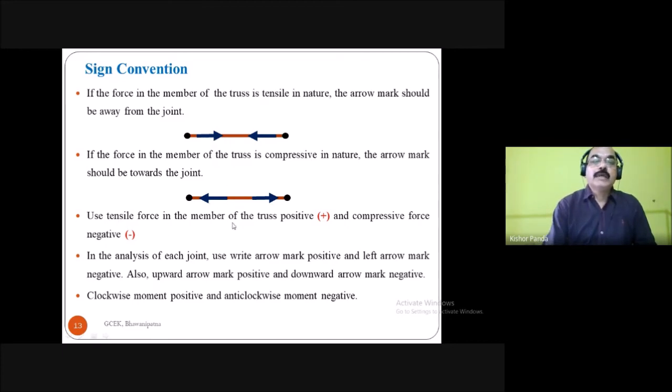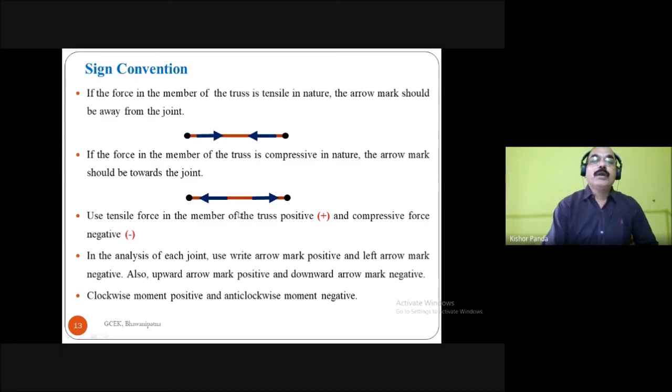Tensile force in a member of the truss is positive, and compressive force is negative. In the analysis of each joint, when you resolve the forces in the horizontal and vertical directions, the right side arrow mark is positive and the left side arrow mark is negative.